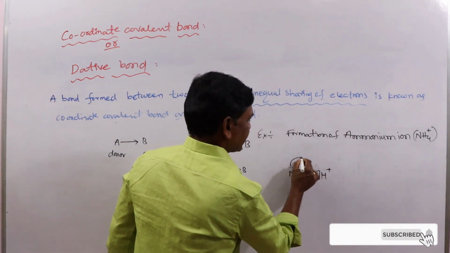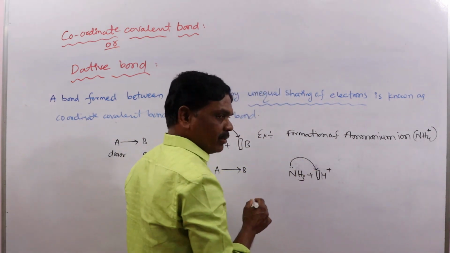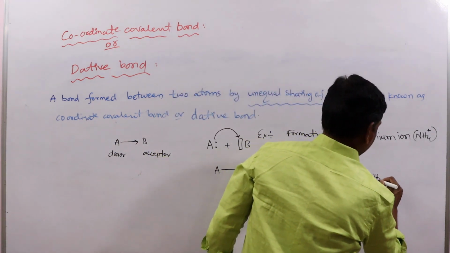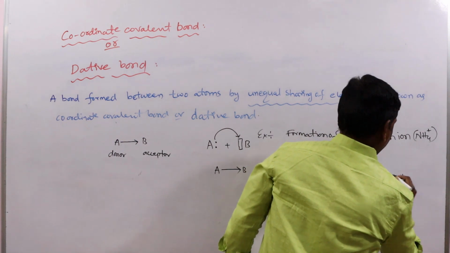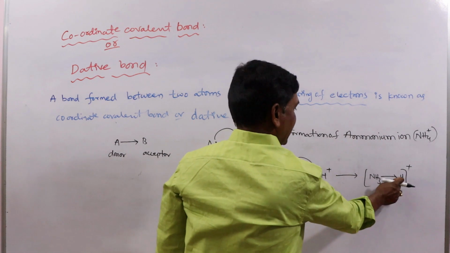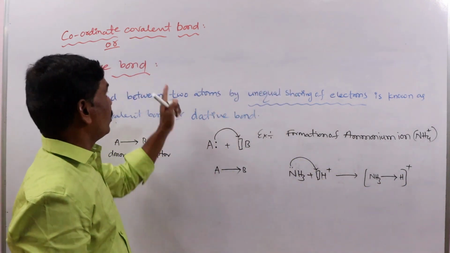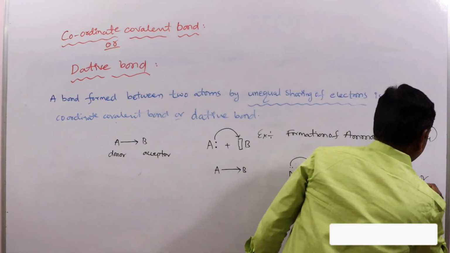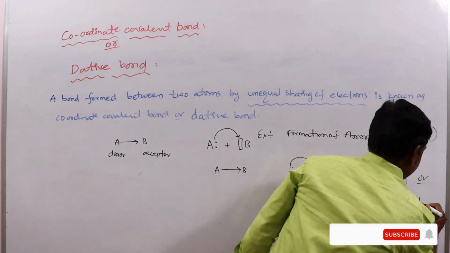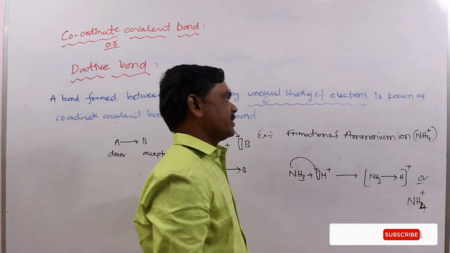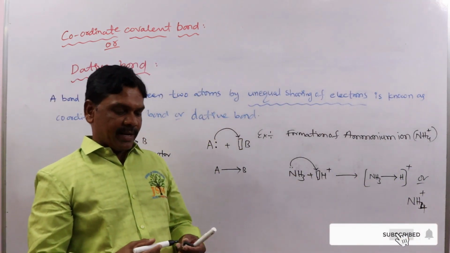Now this electron pair is donated to the H plus ion. So here we have NH3 and here NH4 plus. The arrow mark indicates the coordinate covalent bond. So this is the formation of the ammonium ion.